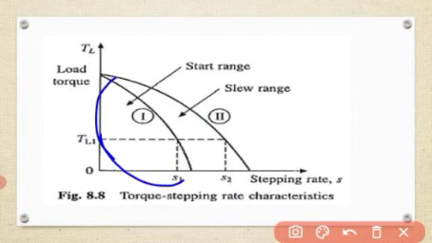In this graph, up to S1, the slew rate 1, the motor can start and also synchronize without missing a pulse. For example, for the load torque TL1, the motor can start and synchronize without missing a pulse if the stepping rate is less than S1.